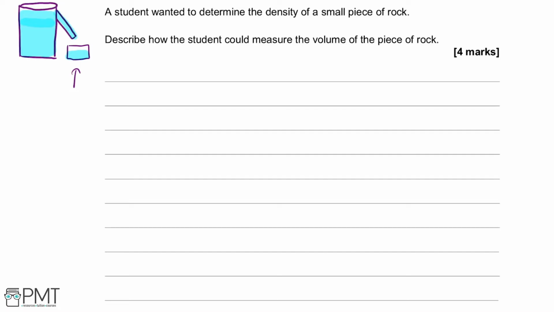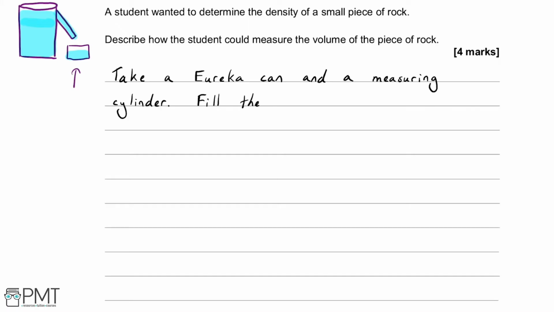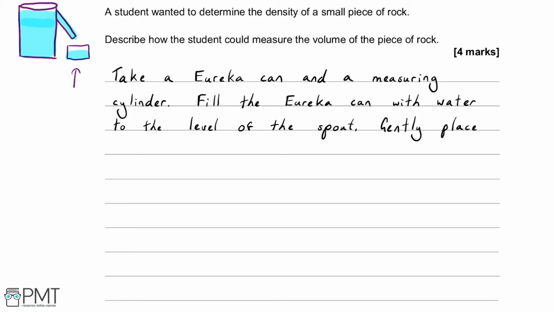So our answer would be: take a Eureka can and a measuring cylinder. Fill the Eureka can with water to the level of the spout. Gently place the rock in the water. It's really important that you're gentle and you don't splash the water, as then you could lose some of it.